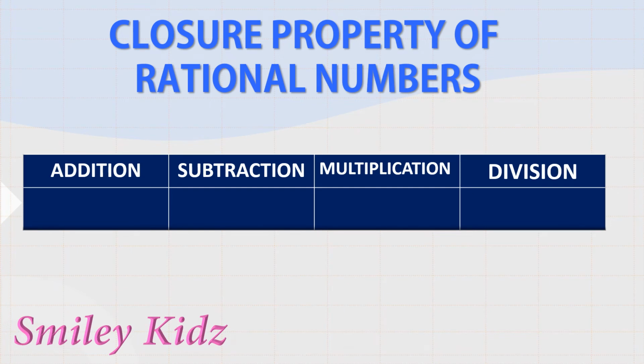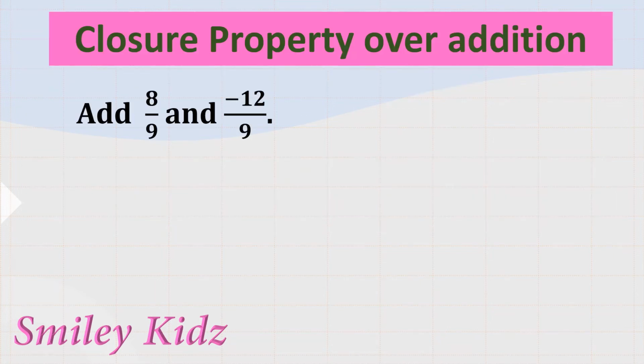Let us see whether closure property is satisfied for all the operations or not. Let's see each one in detail with examples. First, let's see closure property over addition. Here is one example. Add 8 by 9 and minus 12 by 9.